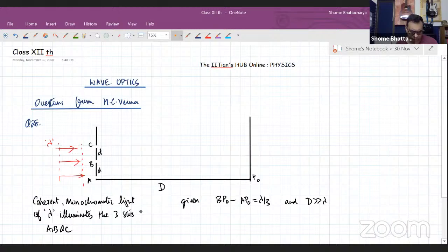So first of all we have to find the relationship between small d and lambda.